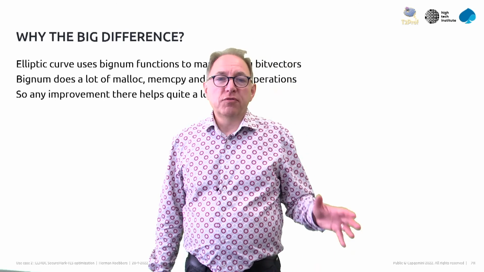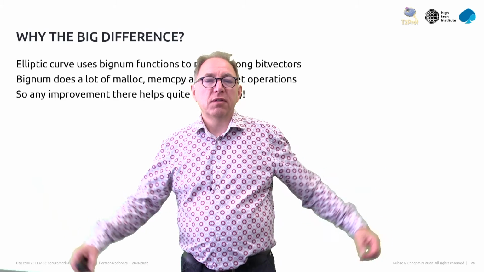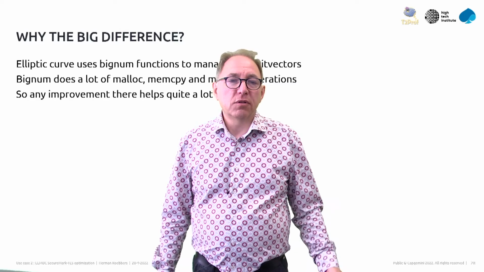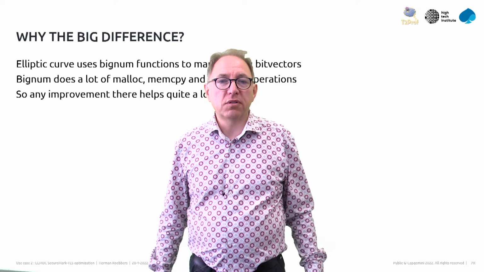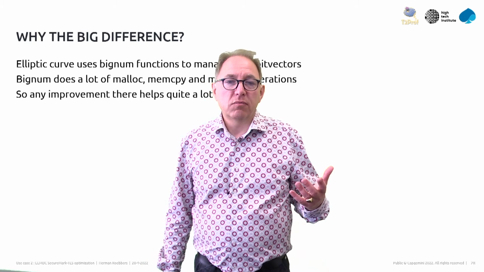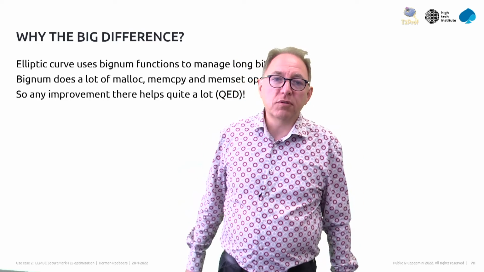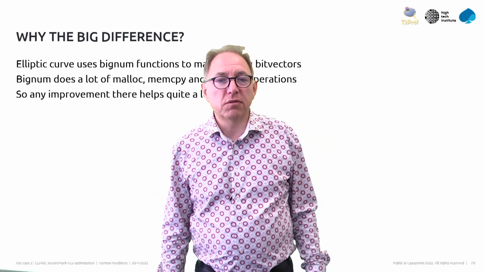So the elliptic curve uses so-called big num functions with arbitrary length integers, and they do a lot of copying and mallocing and setting. And if you can improve that, the performance of the elliptic curve stuff goes up quite a lot, and we see a good demonstration of that over here.